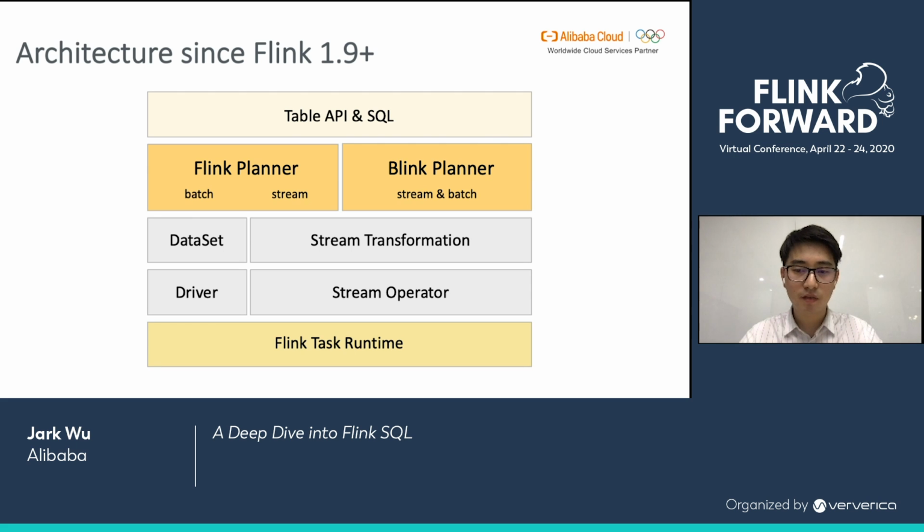The old planner is the default planner in 1.10 and 1.9, but in the upcoming 1.11, the Flink planner will be the default, which also means it is ready for production. And what I will present today is all based on the latest Flink planner. So this is the motivation behind why we introduced the Flink planner and why the architecture looks like this now.